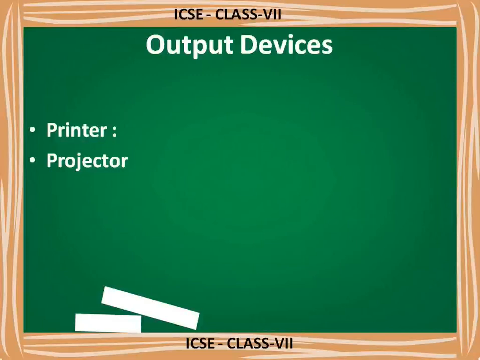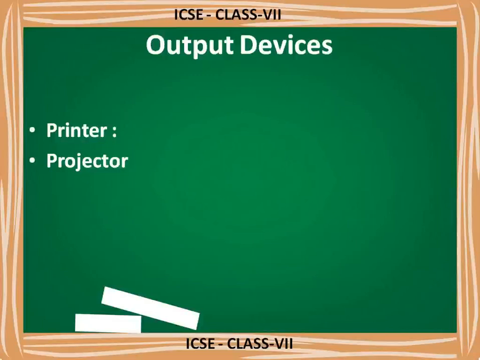So next is the projector. A projector is an output device used to project the contents from a system onto a big screen, or on the wall or any other flat surface, so we can display the system image at a larger size.